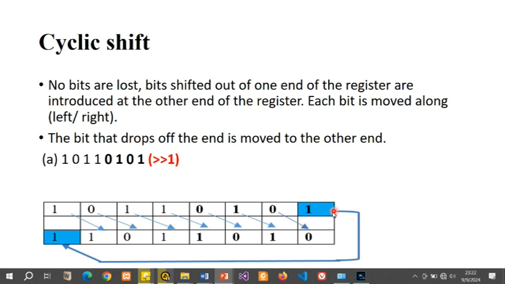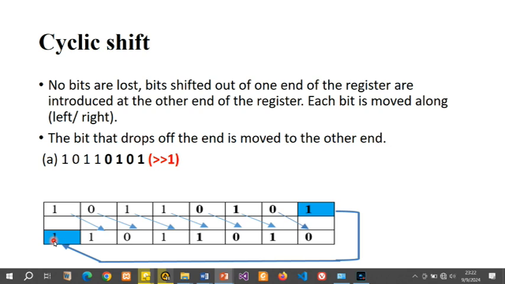But in this case, we perform a cycle whereby it lands at the very first spot that is available, and it becomes the most significant bit. So we have performed a cycle whereby instead of discarding this, like in logical shift and arithmetic shift, in this case we are bringing it back to become the most significant bit.